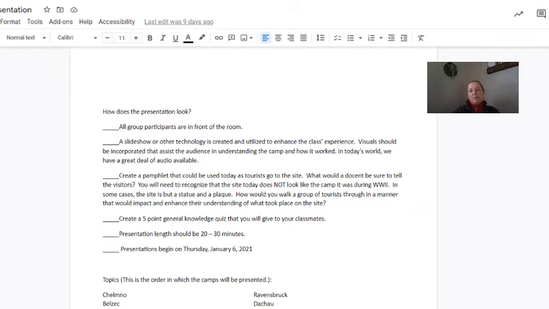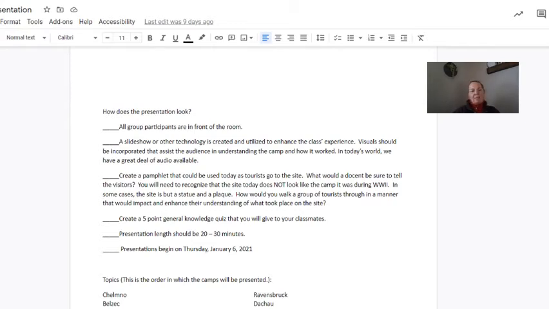What makes this camp unique? It's going to have gas vans. That's what's going to make it unique, right? It was one of the earliest camps. How did they do the killing with the gas itself? What did they do with the bodies? There's going to be some just basic knowledge.